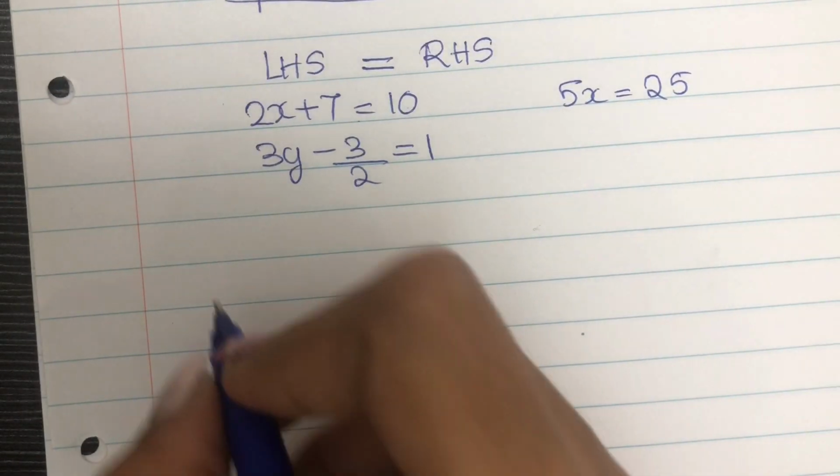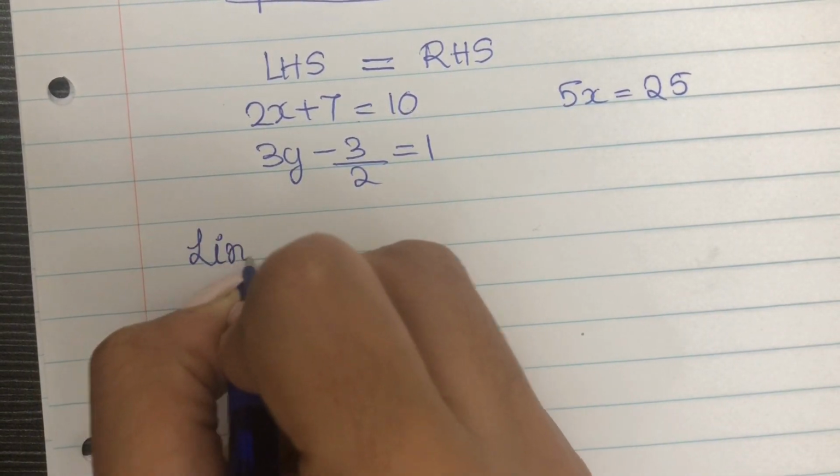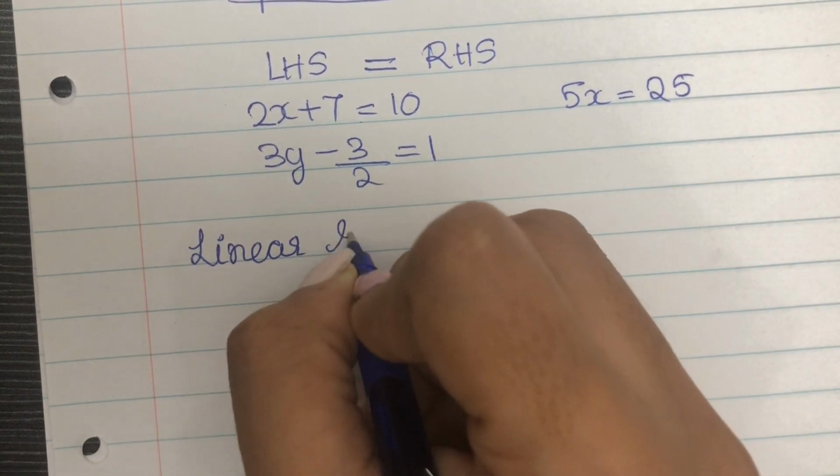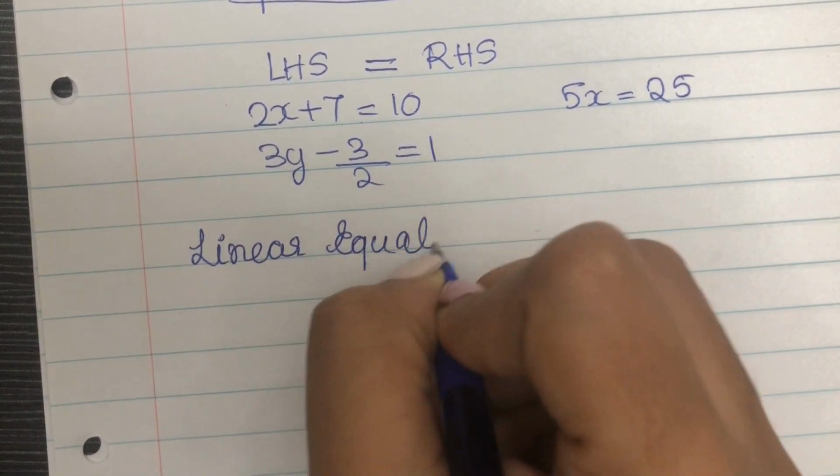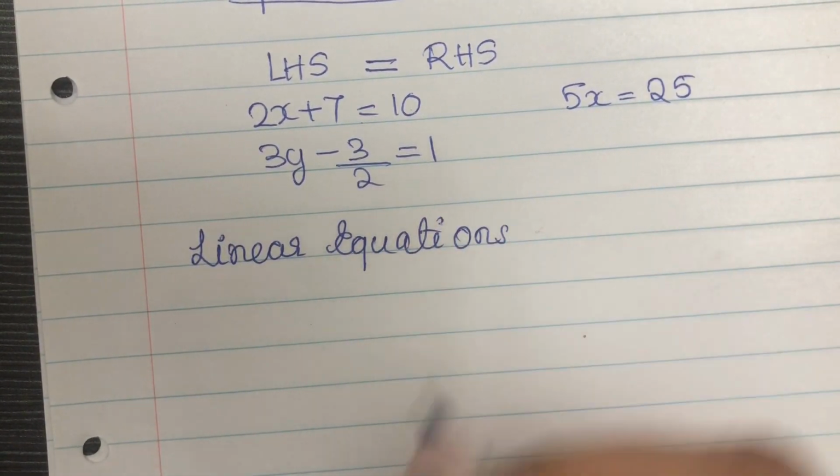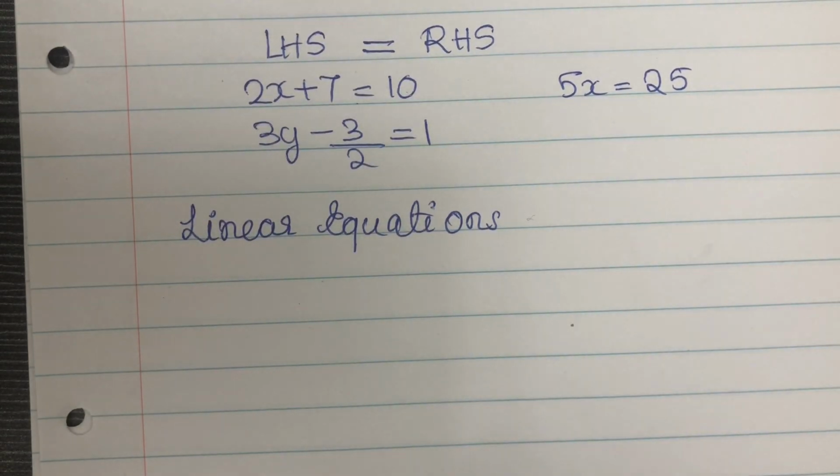So what will be a linear equation? This is our chapter, right? Linear equations. So what are linear equations? When the highest power of the variable in the expression is 1.